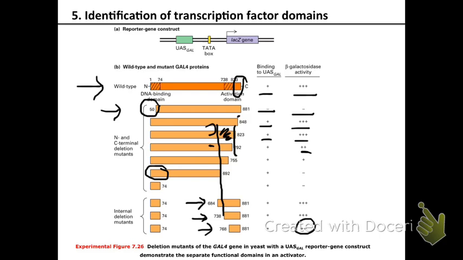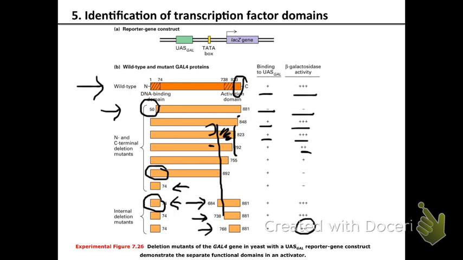Okay, so you can also make deletions this way, right? And here the results of that experiment are not shown, just the end result is shown. And the end result shows you that anything from the N-terminal to the 74th amino acid contains the DNA binding domain.